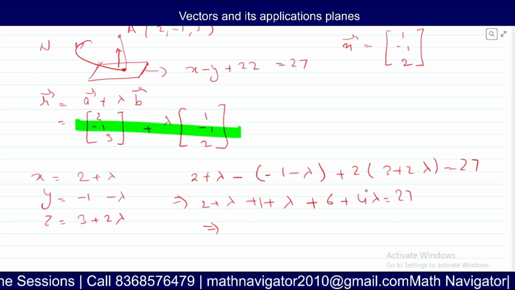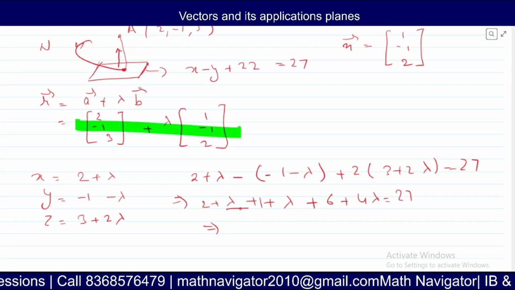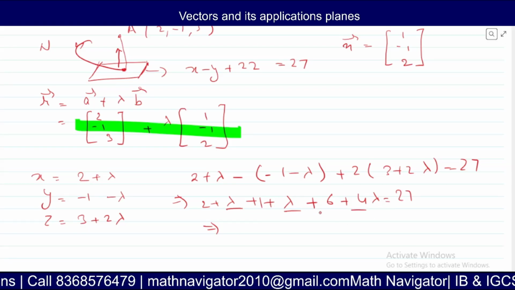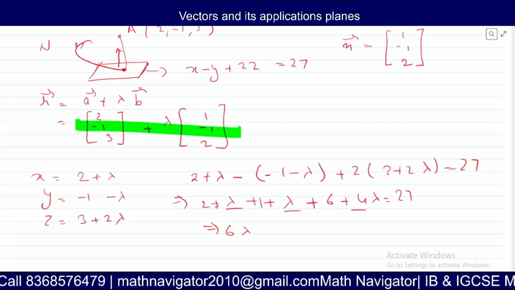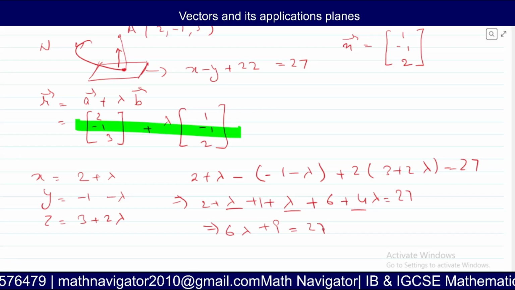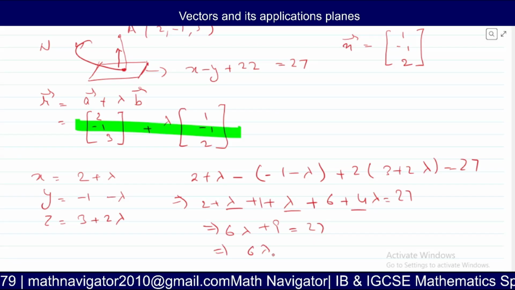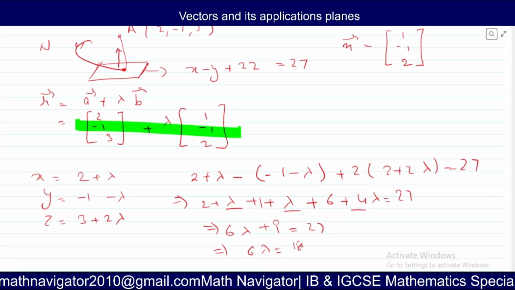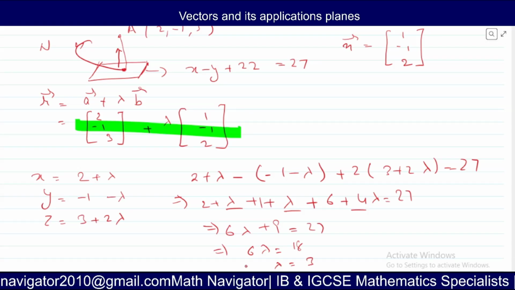So this will give me how much? 2 plus 1 plus 6 is 9, and lambda plus lambda plus 4 lambda is 6 lambda. So 6 lambda plus 9 is equal to 27. This will give me 6 lambda is equal to 18, so lambda is equal to 3. Perfect.